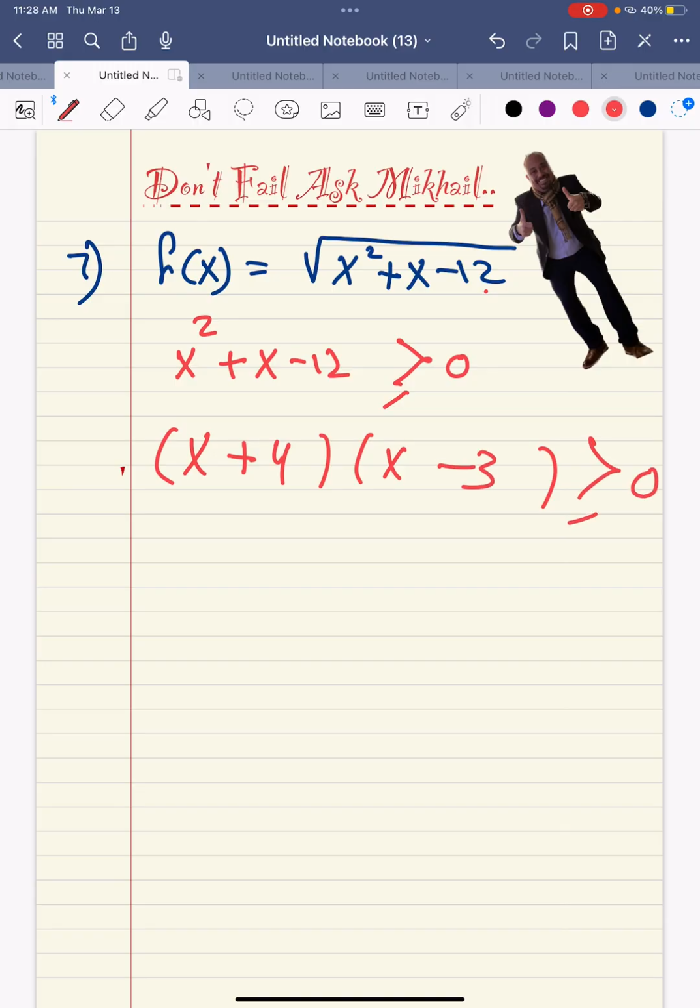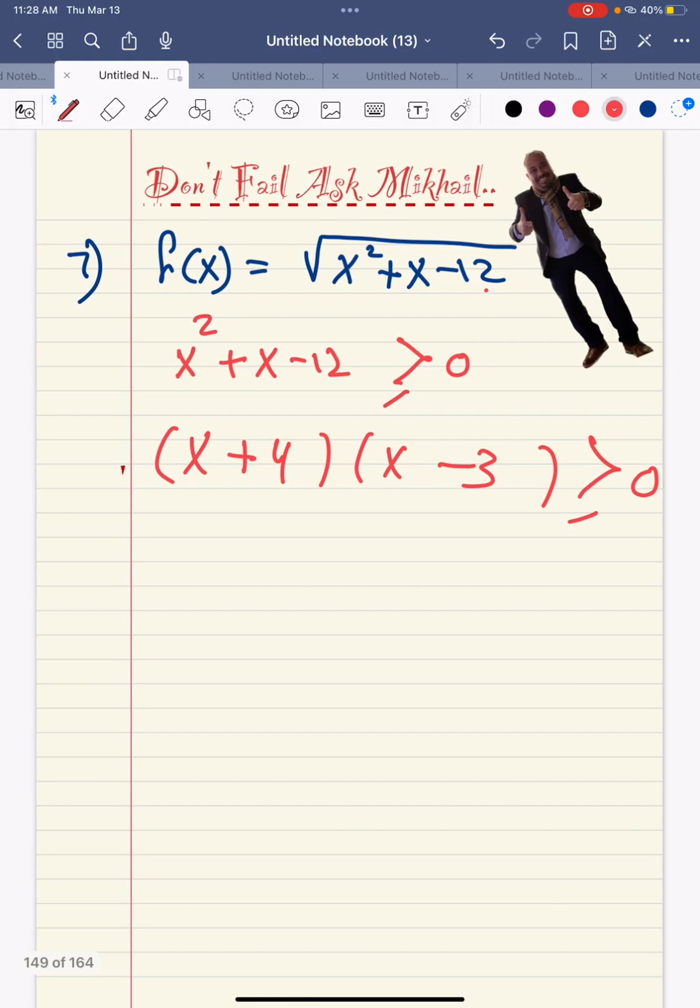Now, listen. For this one, when I move the 3, x is greater than or equal to 3. But x here, when I move the 4, is going to be negative 4.